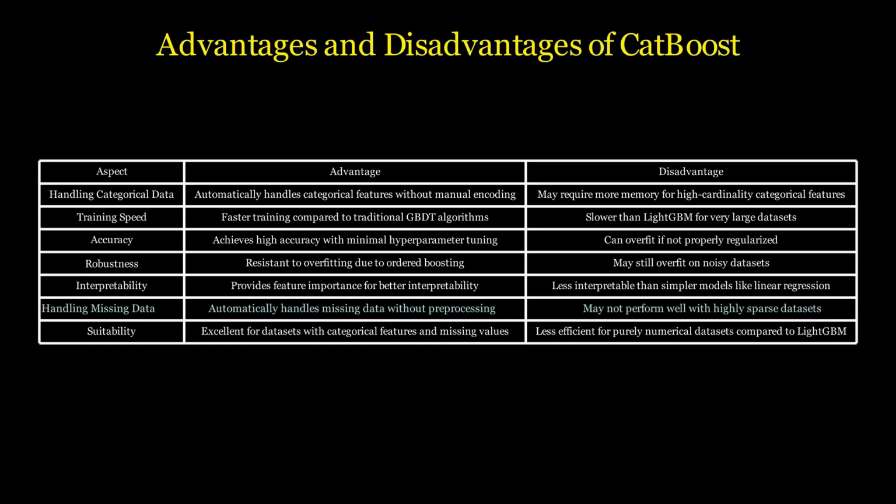However, it may not perform well with highly sparse datasets. CatBoost is excellent for datasets with categorical features and missing values, making it a strong choice for real-world applications. However, for purely numerical datasets, it may be less efficient compared to LightGBM.